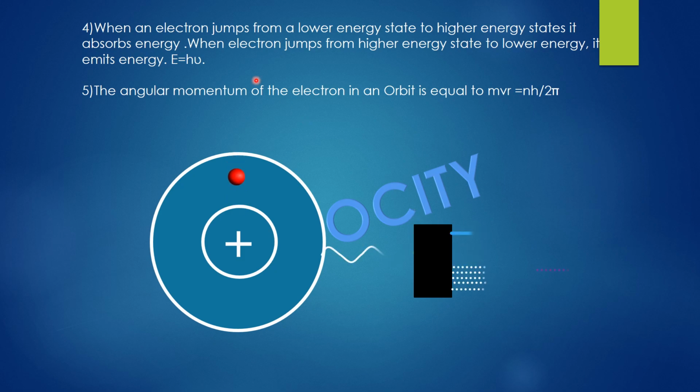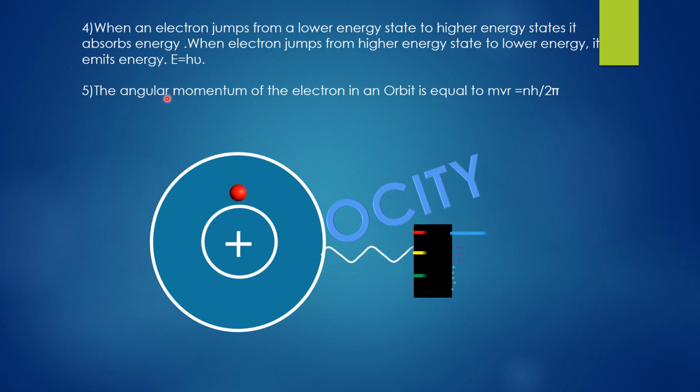When an electron jumps from a lower energy state to a higher energy state, it absorbs energy. It cannot stay there for a longer time. When an electron jumps from a higher energy state to a lower energy state, it emits energy. The energy emitted by an electron is E is equal to h mu.